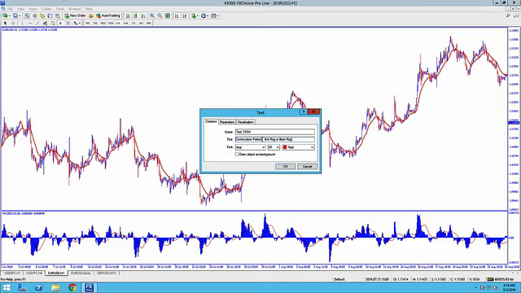Now, the continuation pattern would be either a bull or a bear flag. A bull flag means the price is going up, and a bear flag, you're expecting it to go down. But the common terms are continuation pattern or, more specifically, bull flag or bear flag.